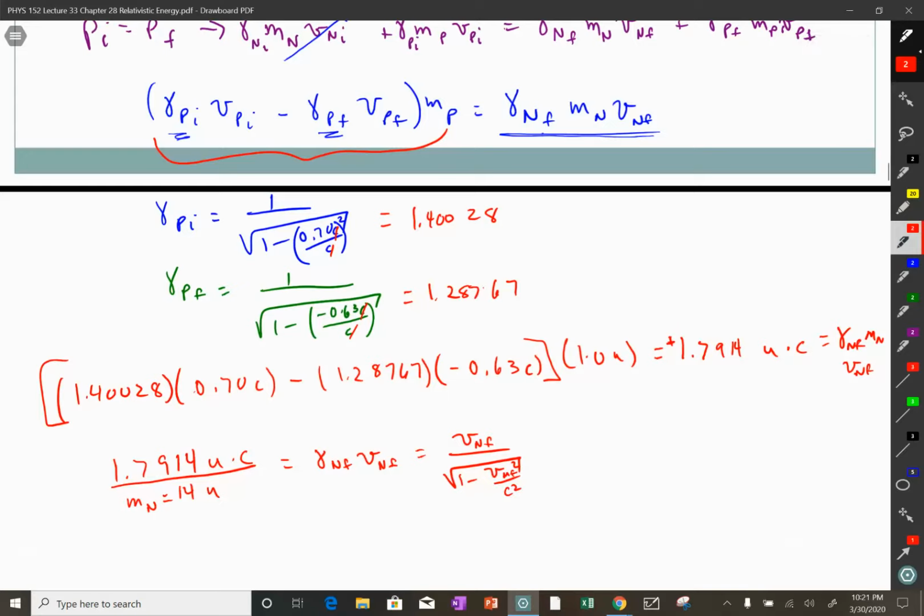So what's the quickest way to solve this? Well, first, let's just divide this out. Once again, I didn't actually do it this way my first time through because I didn't feel like it. That divided by 14 is 0.12796 C, equal to Vn final over the square root term.